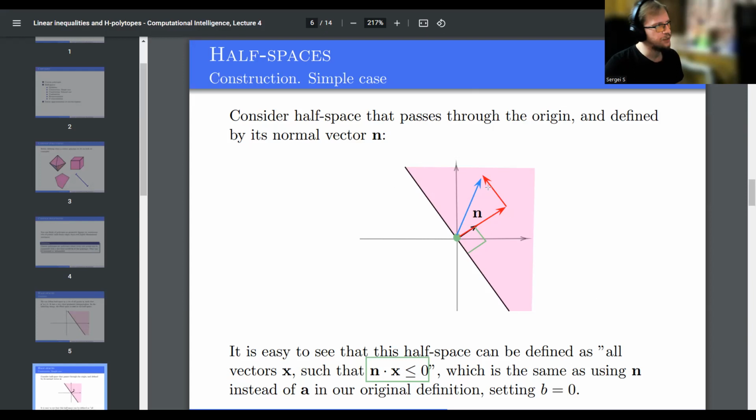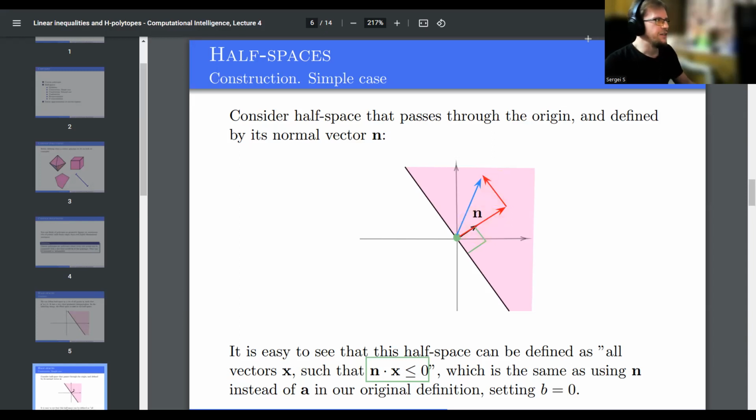We can always decompose it like that. And this vector here, its dot product with n would be 0 because it's orthogonal. And this vector here, its dot product with n would be equal to the length of that vector, and it will be positive.